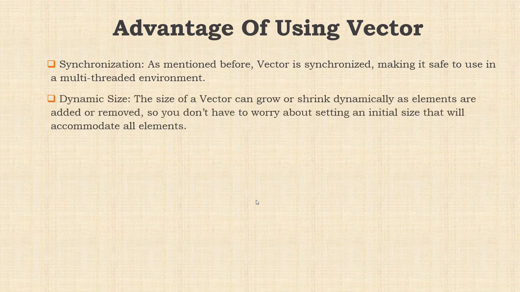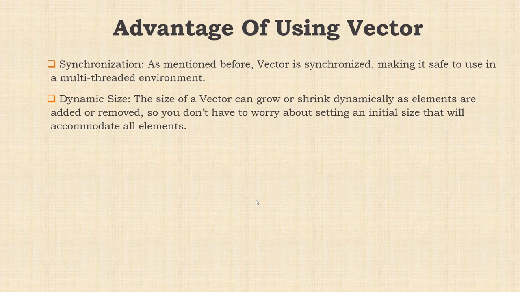Dynamic size: the size of a Vector can grow or shrink dynamically as elements are added or removed. In an array we can't increase the size dynamically; we have to provide the size of the array at the time of declaration only. But in case of Vector, it will grow dynamically.